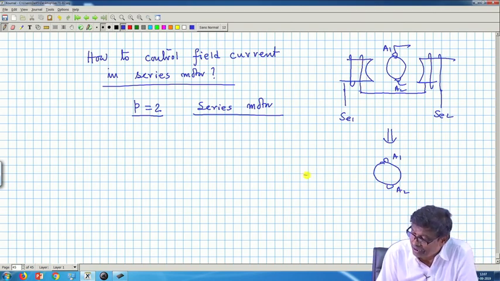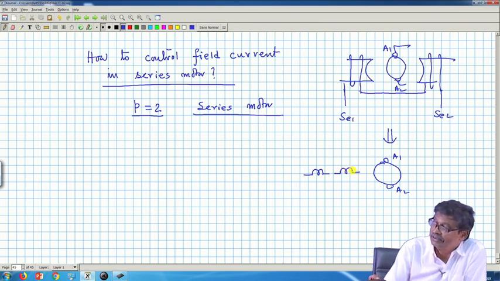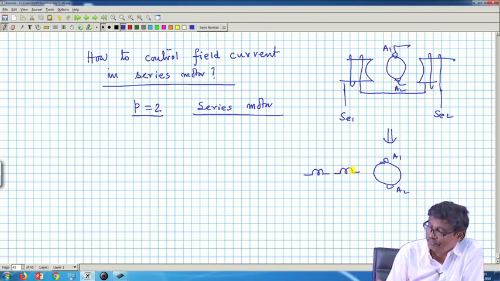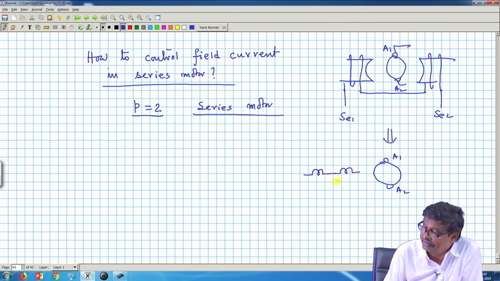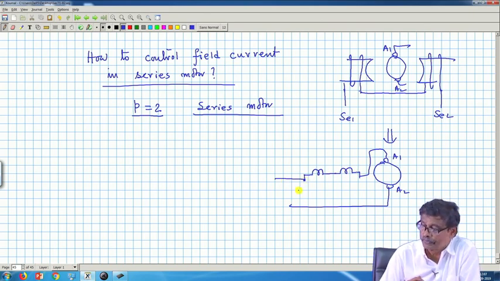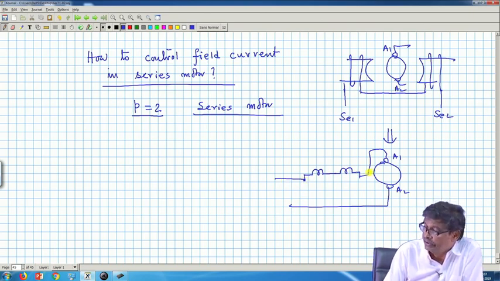There are two coils, I will now show them like this. This is coil 1, coil 2, and these two I will connect in series, AC1, AC2. This is the normal way of connecting series motor, and your I is same as the field current, flux per pole will be there.